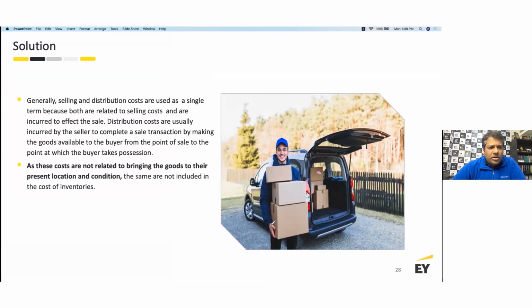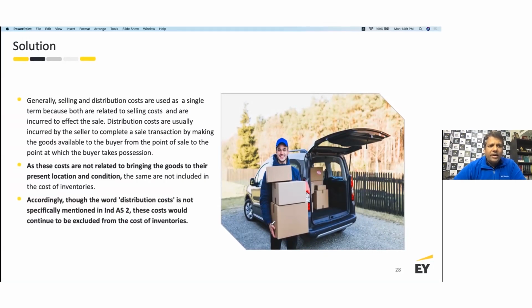As these costs are not related to bringing the goods to their present condition and location, they are not included in the cost of inventory. Accordingly, though the word distribution cost is not specifically mentioned in Ind AS 2, these costs would continue to be excluded from the cost of inventory.